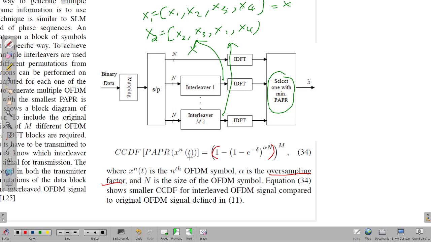CCDF of PAPR of xn of t is this value. Each of these interleavers is independent of the others, and so you have this term multiplied m times, or whole raised to m. So that becomes the CCDF of interleaved OFDM.